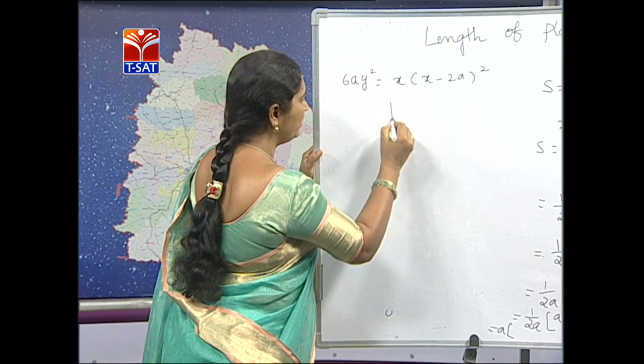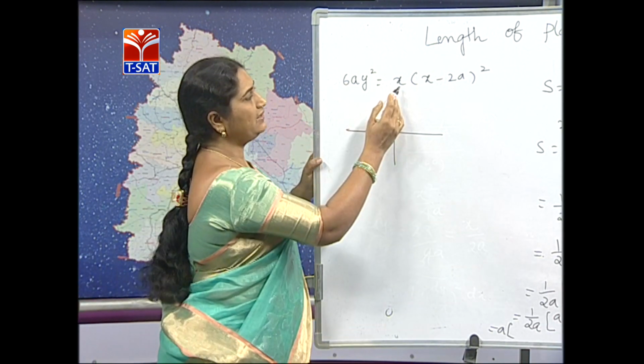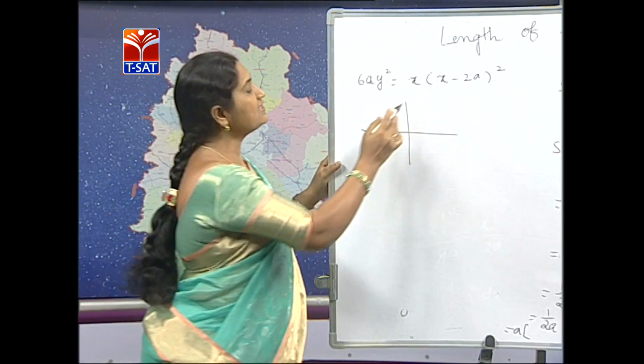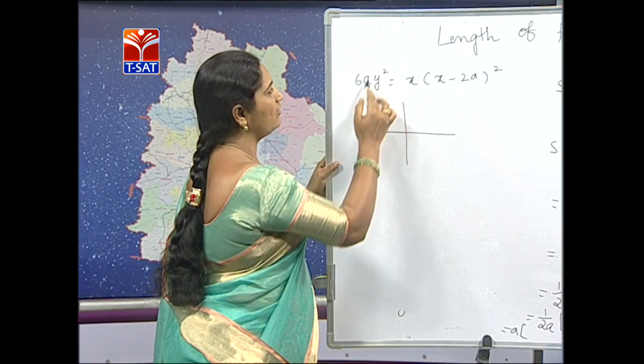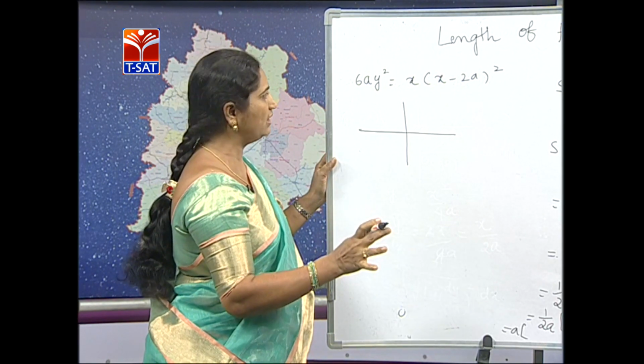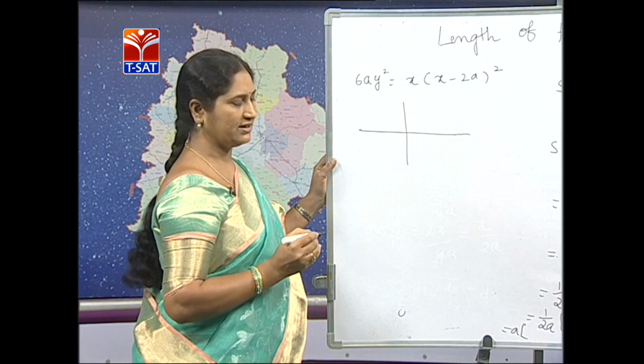When x is negative, the right hand side x(x − 2a)² is negative, so y² will be negative, y will be imaginary, and the curve does not exist on the real line. So the curve exists only for positive values of x.